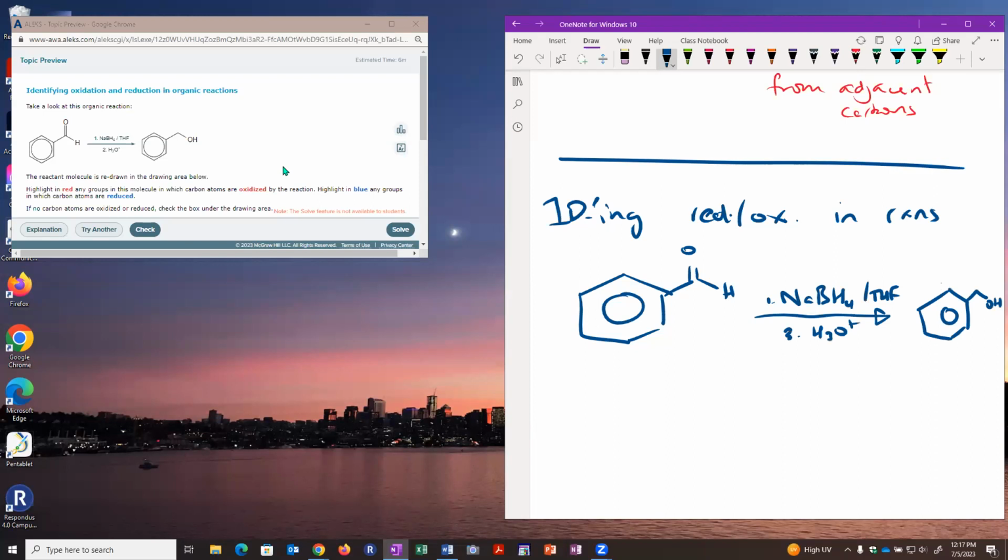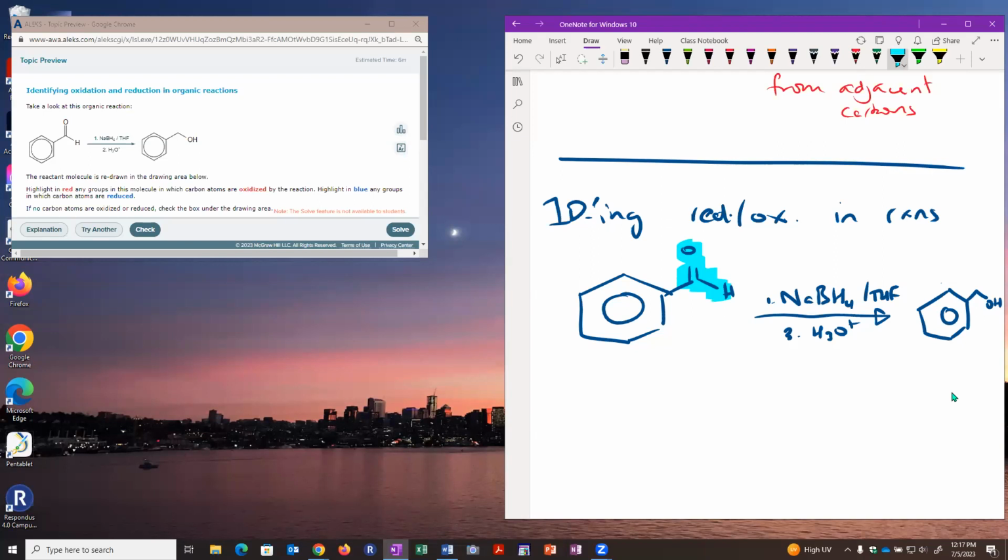If I take a look at my molecules, what I'll see is that in the original molecule on the left, I have a C double bond O, which I'll highlight, connected to an H. And then we have our benzene ring on the left side.